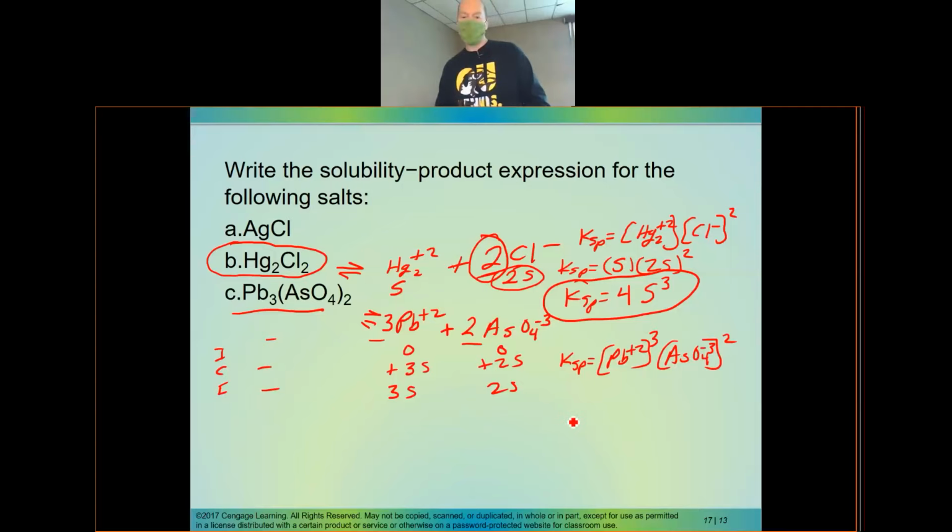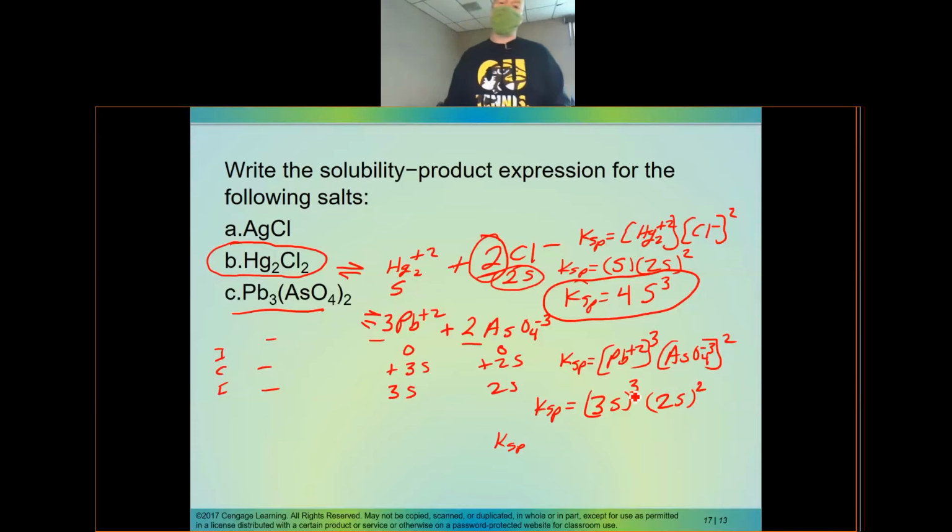Now you plug in your equilibrium concentrations. For the lead 2+, you have 3S, and that is raised to the third. For your AsO4 3-, you have 2S, and that is squared. All right, so the most common math error in this chapter is 3 to the third.